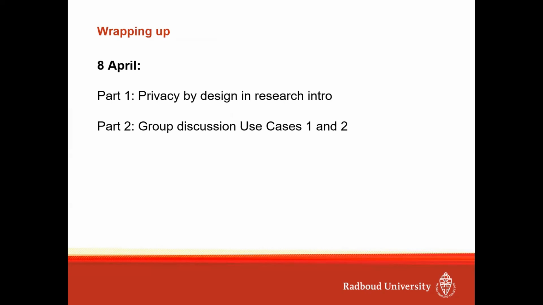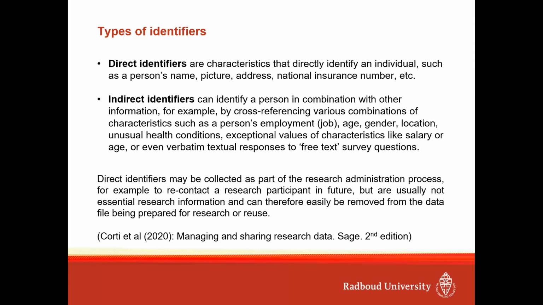So wrapping up, what we learned yesterday is privacy by design in research and the group discussions that we had. We distinguished between 2 types of identifiers: the direct identifiers, which are typically needed for the administration of your project. We also said that personal data is data that allows you to identify a person.